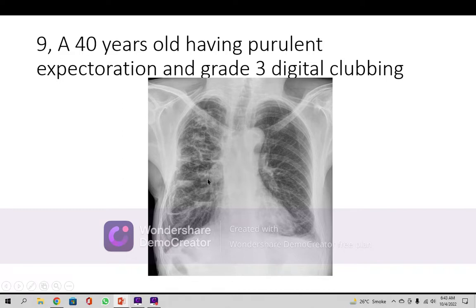The other investigations you can do are the lateral view of the chest, or HRCT should be done. The sputum will be examined for culture and sensitivity, and you will do the pulmonary function test and other routine investigations. Management in this case, you have to remove the cause.